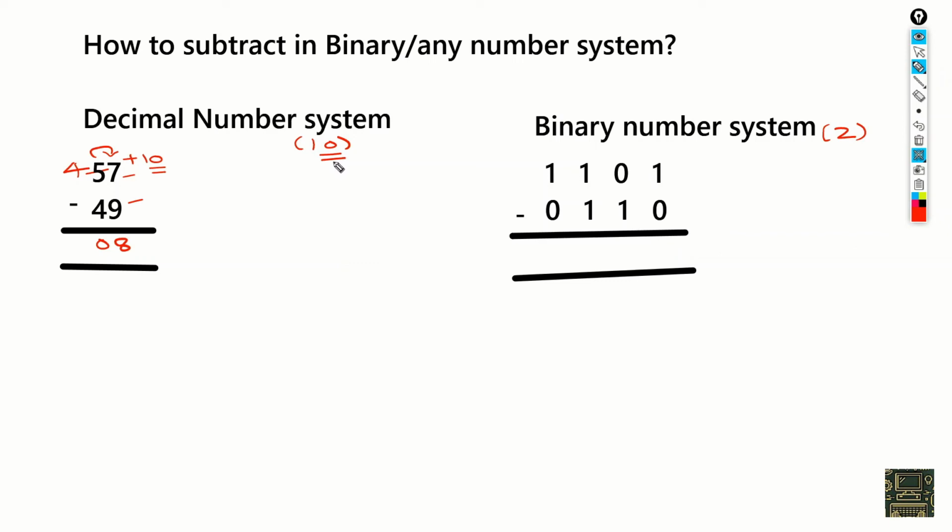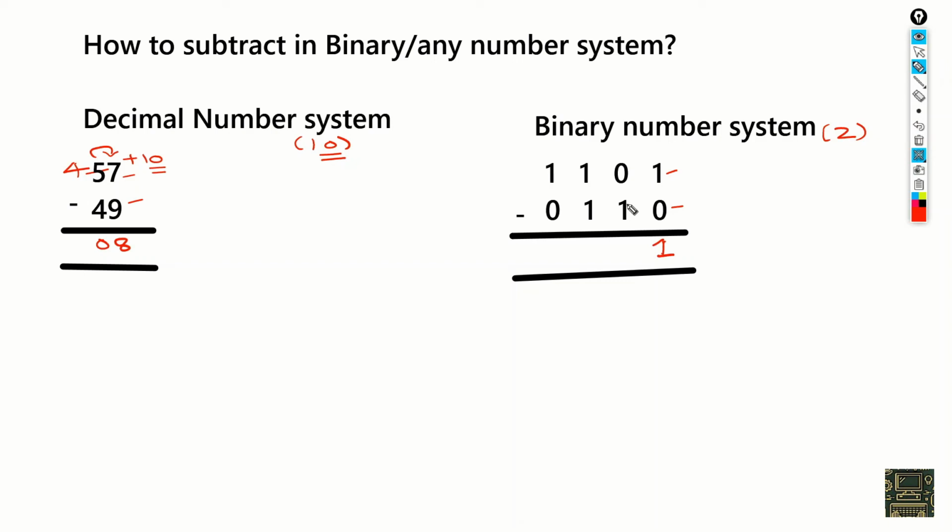Similar thing, if we do the subtraction in binary number system or in any number system, we will take the borrow from the next stage and we will add the base value to that particular stage. For example, we are subtracting these two binary numbers. If I subtract 1 minus 0, this will become 1. Now I am subtracting here 0 minus 1.